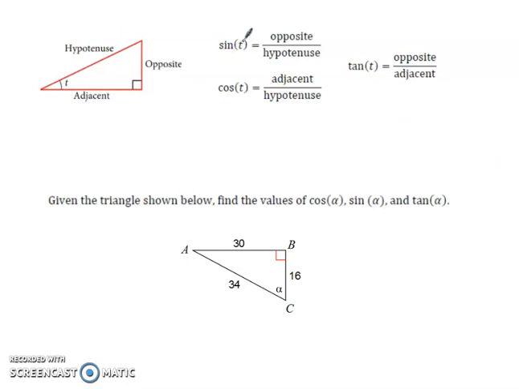Cosine is the relationship between the adjacent leg and the hypotenuse, and tangent is going to be the relationship between the opposite and the adjacent side. We can remember which sides go with which trig function by using the mnemonic SOHCAHTOA. Sine is opposite over hypotenuse, cosine is adjacent over hypotenuse, and tangent is opposite over adjacent.